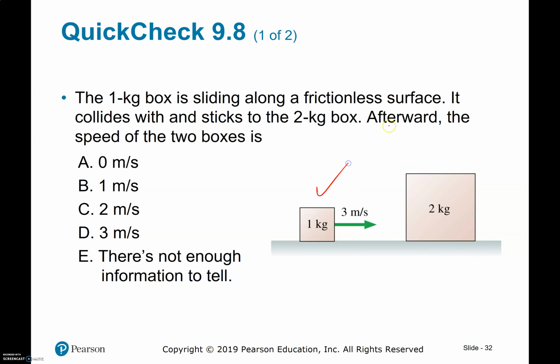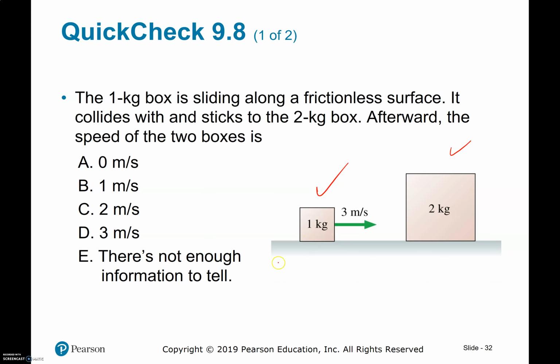Here we have a 1 kilogram box that is moving at 3 meters per second, and it collides with a 2 kilogram box, right? The 1 kilogram box is sliding, it collides and it sticks, so they get together. What is the momentum after the collision, right?